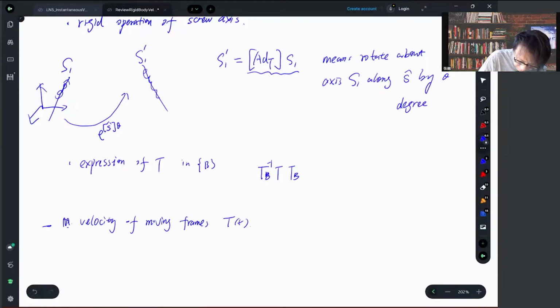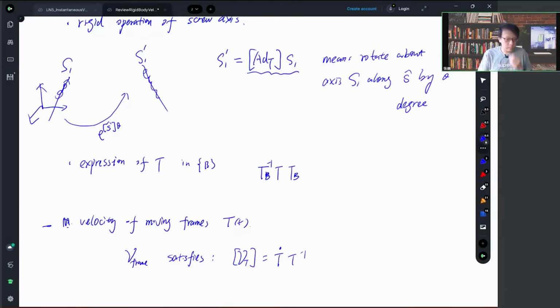We know that this moving frame's velocity, let's call it V of this T, equals T dot T inverse. We have a similar result for rotation matrix as well. I don't want to write all of them down because we just go over them today. Any questions so far?